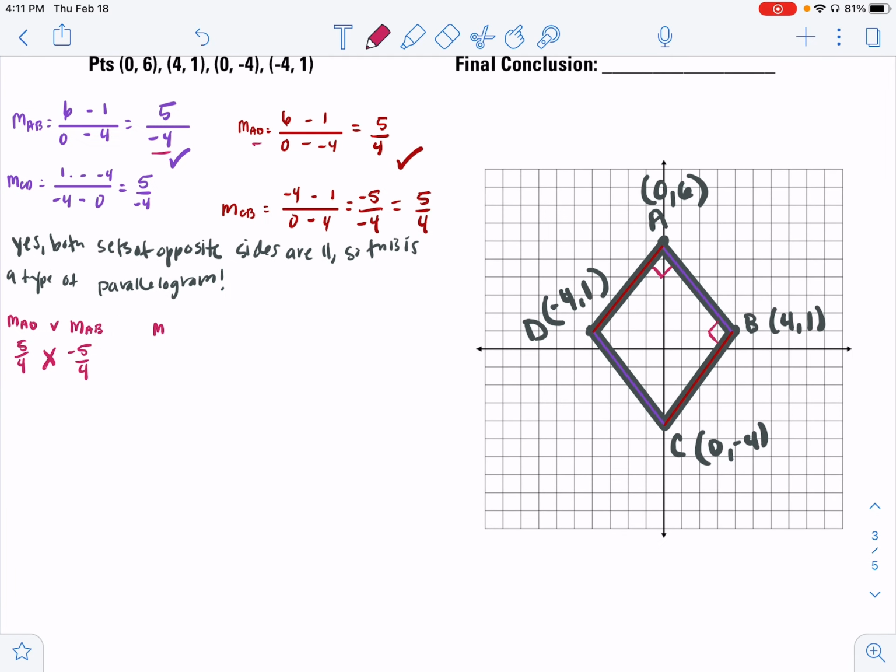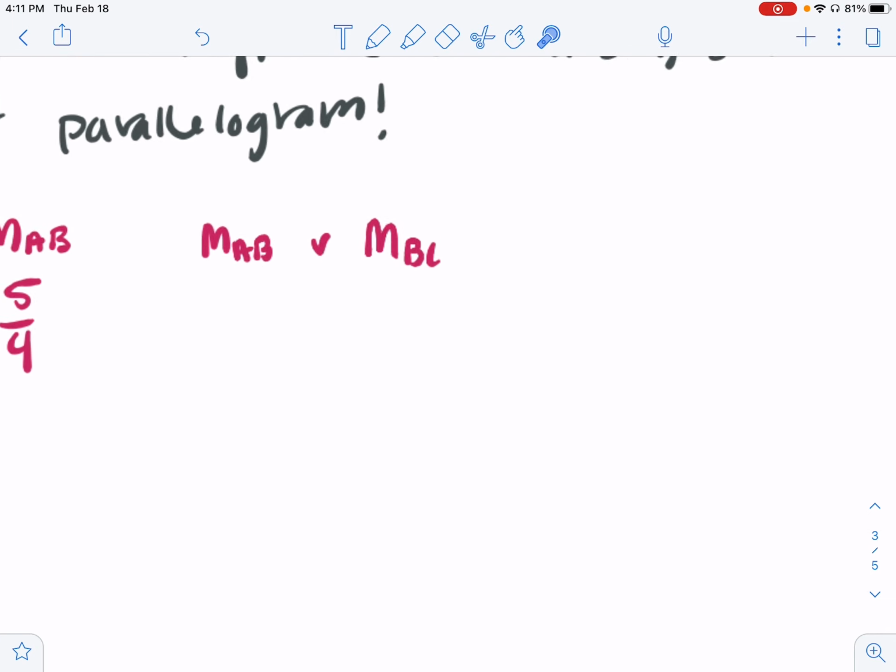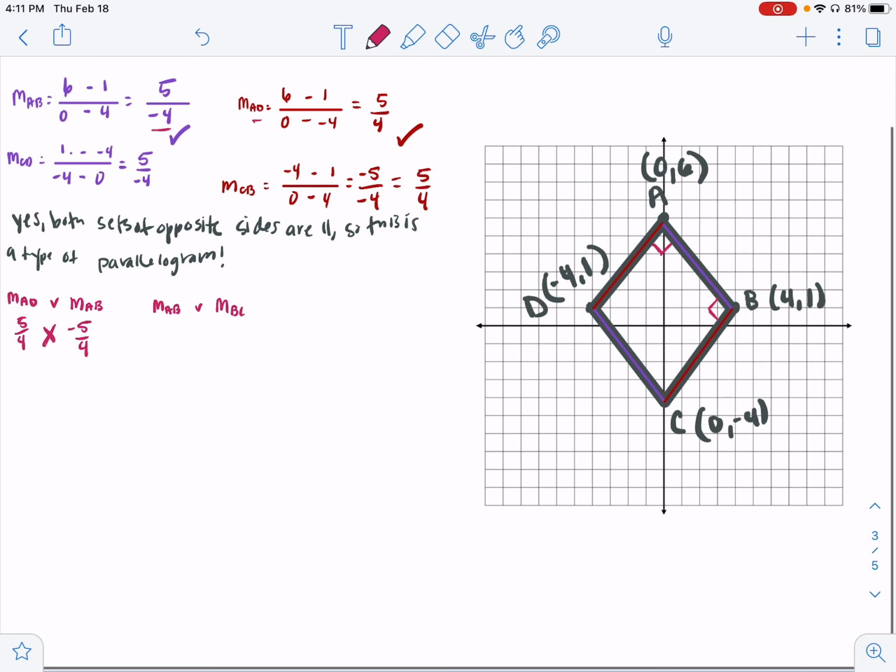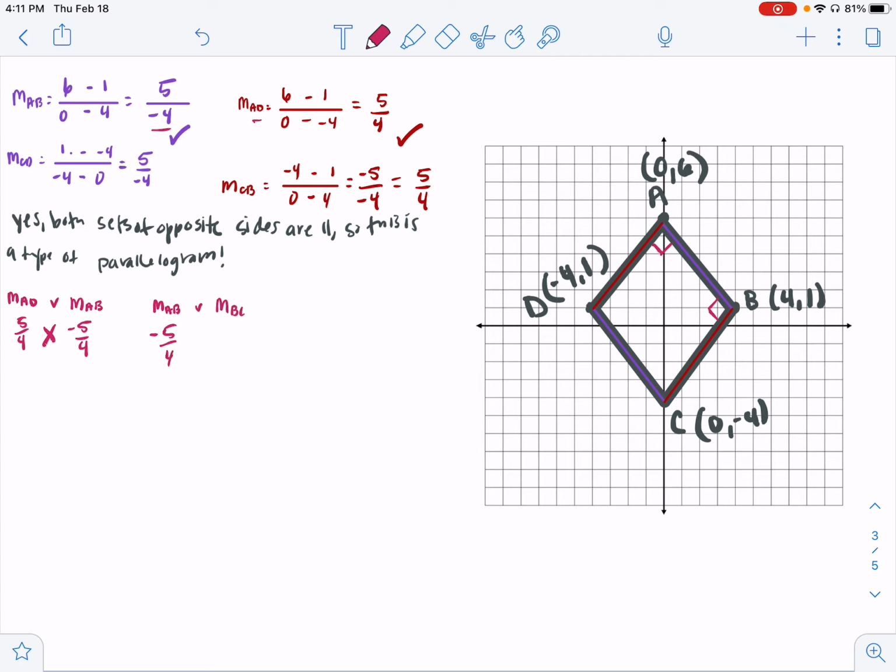So let's say AB versus BC. So once again, if one of these comes out perpendicular and the other ones don't, that means I probably did something wrong up here and I would want to double check. And so I just want to compare these as well. AB once again was -5/4. BC, which is also CB, is 5/4. Once again, no, those are not.